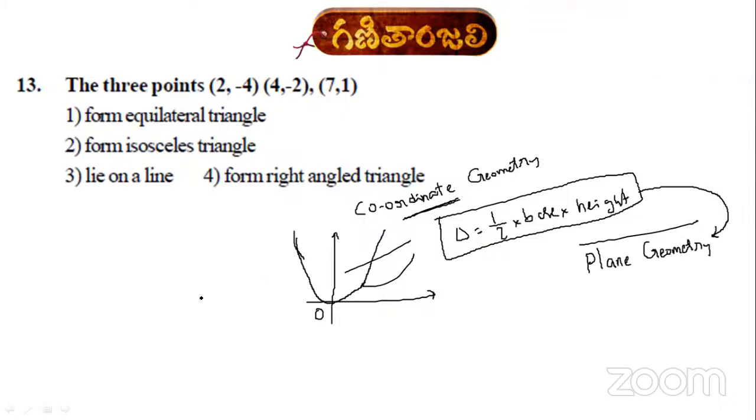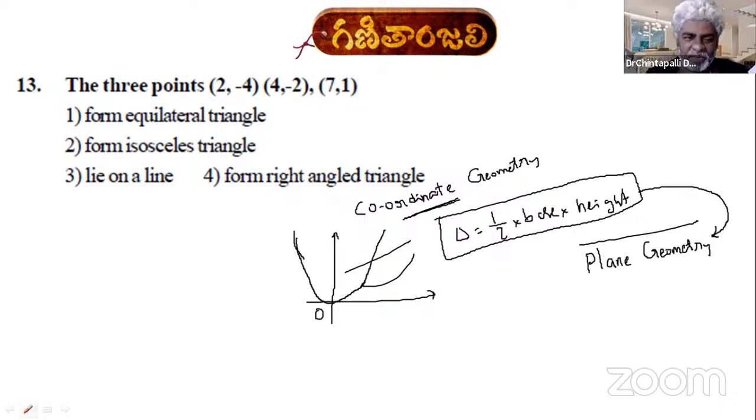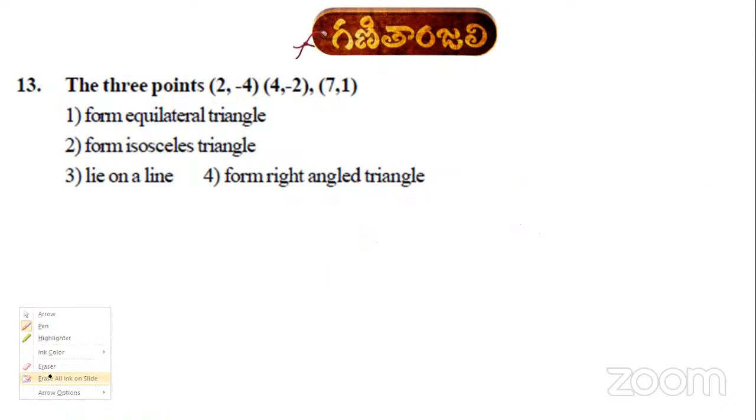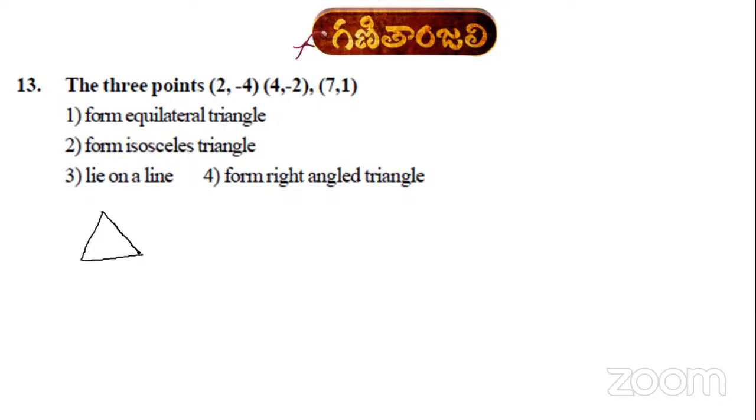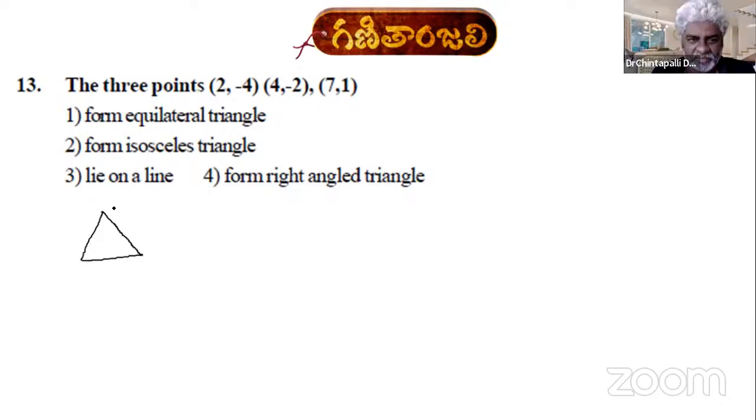I will tell you that formula now. Later we will derive that formula also. Now I am telling the formula to find the area of a triangle in the coordinate system. Do remember this.